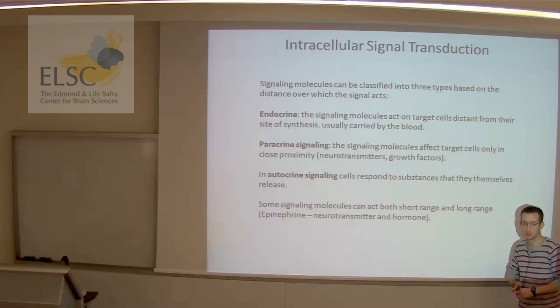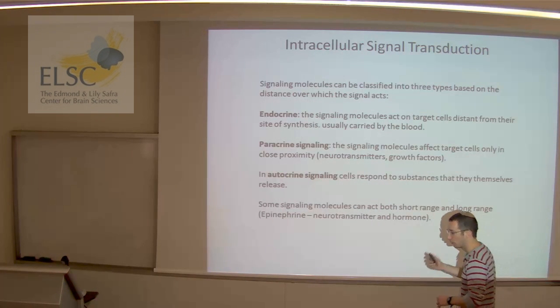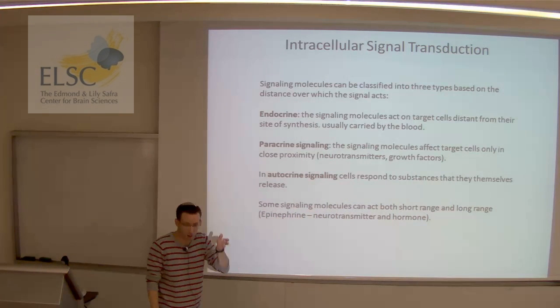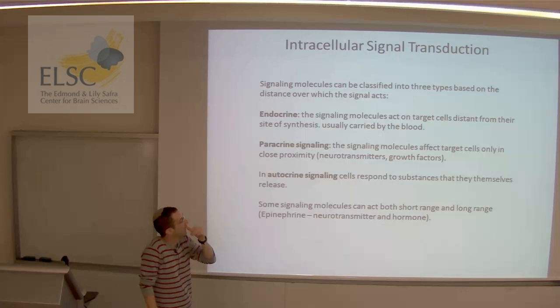This is where the distance between the cell that secreted the molecule and the cell that receives it is the biggest. For instance, an example of endocrine signaling is a molecule that's secreted in some place in the brainstem, say, and that affects sexual development. So it affects our sexual organs at a faraway site.